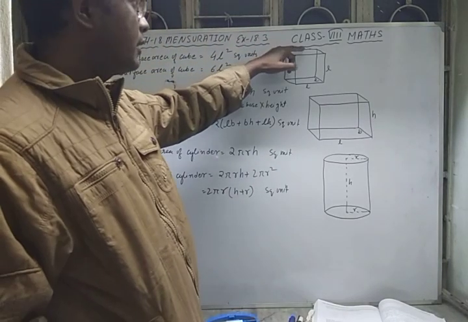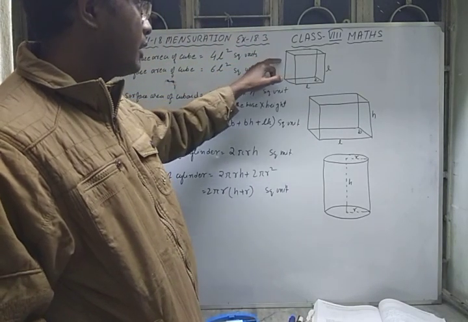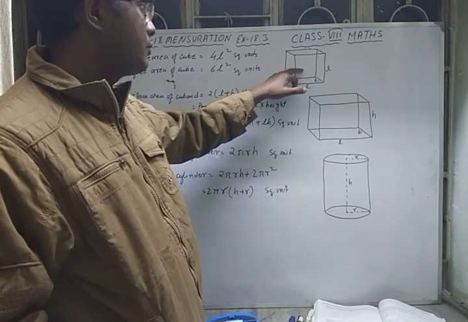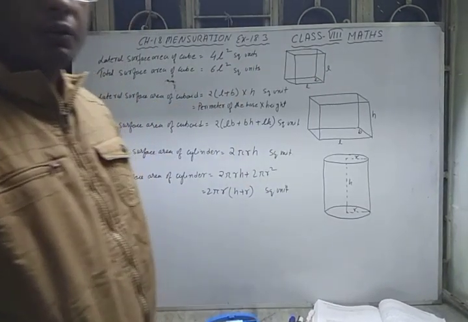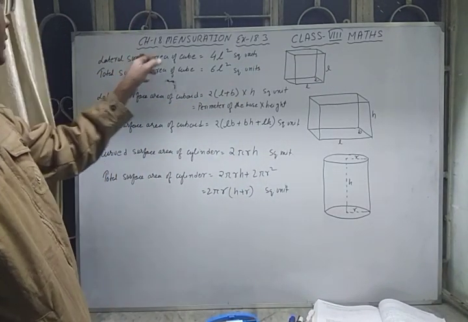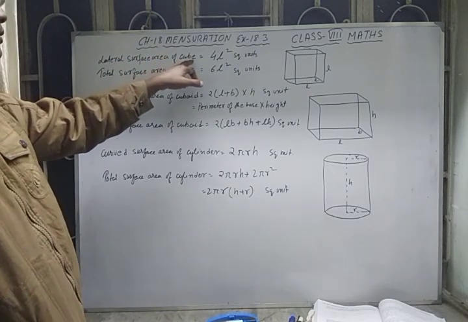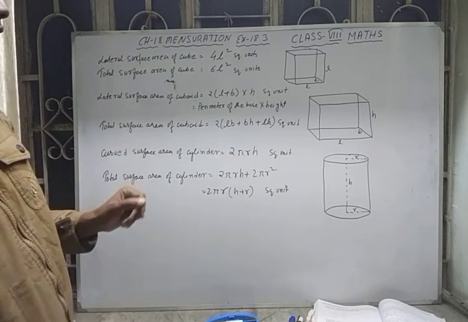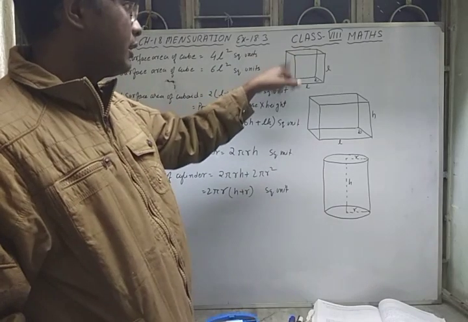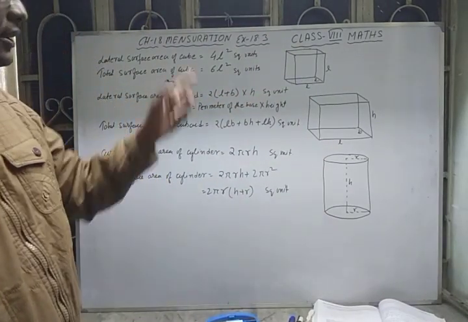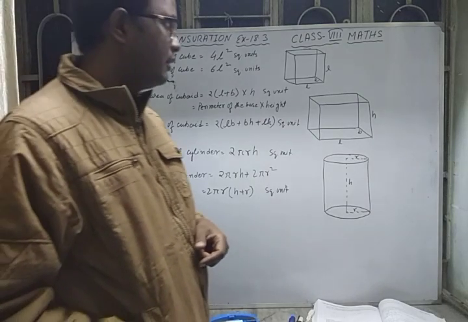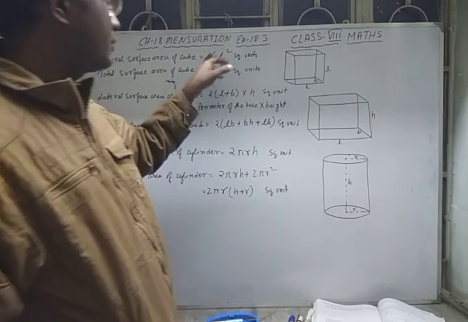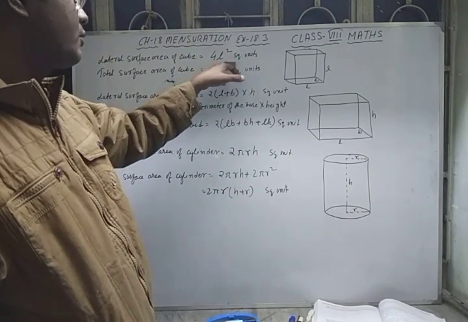If we leave the top and the bottom, we have four walls: 1, 2, 3, and the back side 4. The area of four walls, or the lateral surface area of a cube, is equal to 4L square. In the same way, because all the faces are of square shape, the area of each face is L square, so four walls is 4L square.